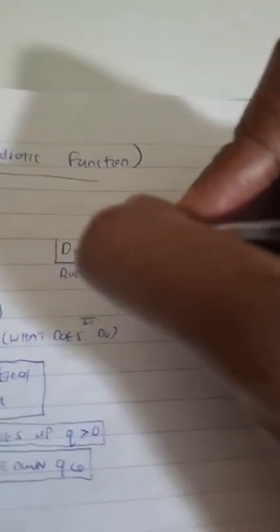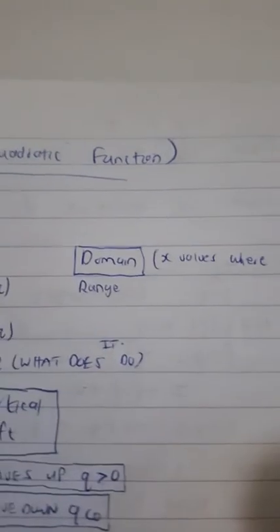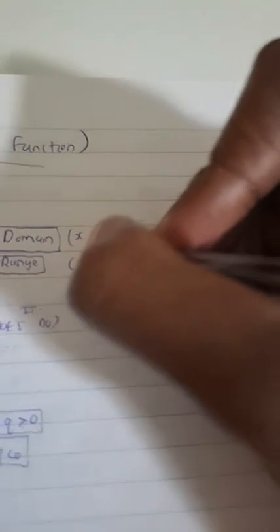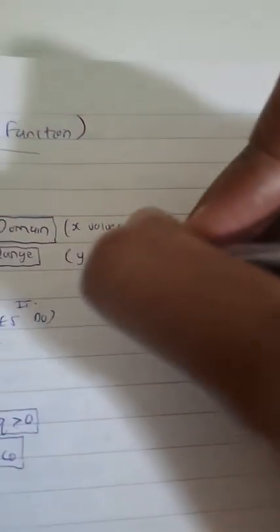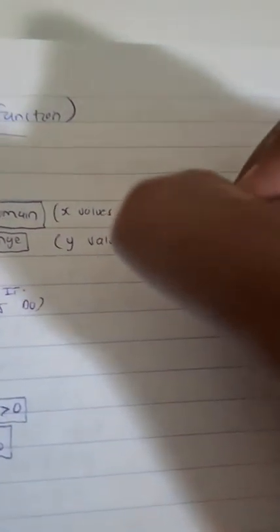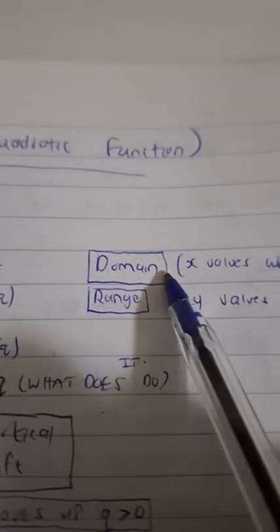That's what we call the domain. On the other hand, we have something called the range. The range, unlike the domain, is the y values where the function exists. So I repeat, domain is simply the x values where the function exists.